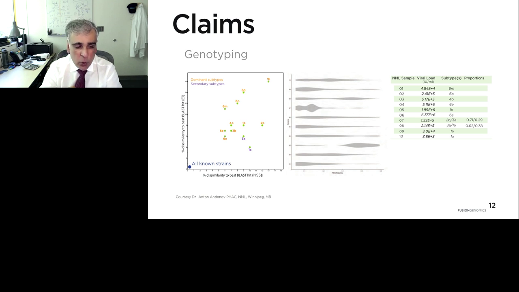The blue dot on the zero axis is every known genotype of hepatitis C, and this one hepatitis C genome has mutated in excess of 16%. The reason it is very important is that we know our assay has an evolutionary distance capability of capturing anything which is about 20% divergent.